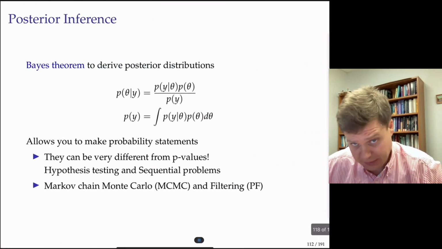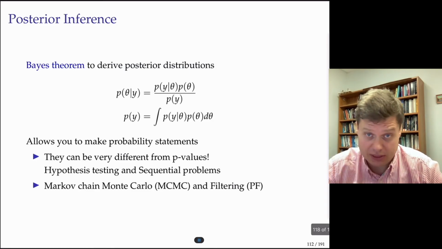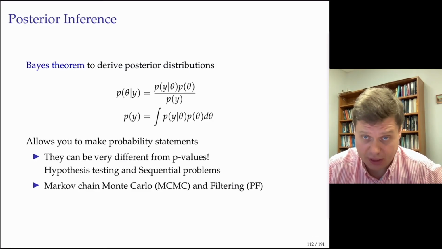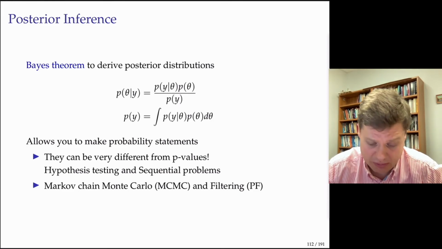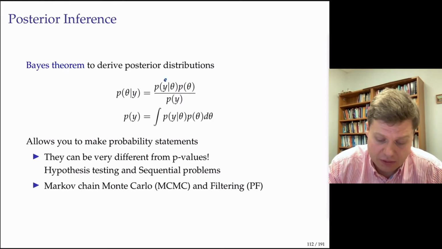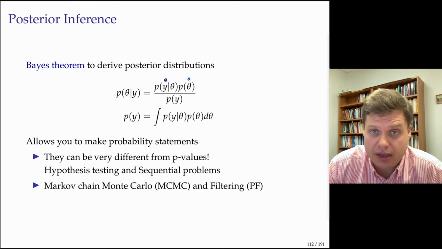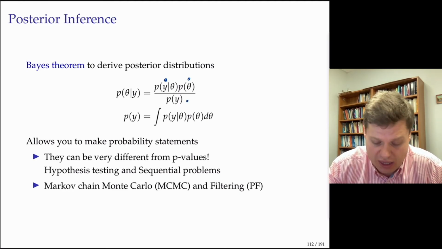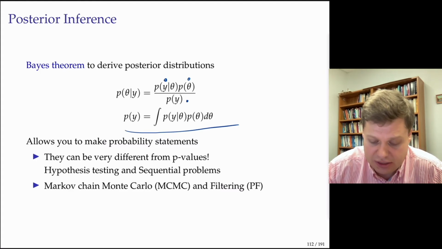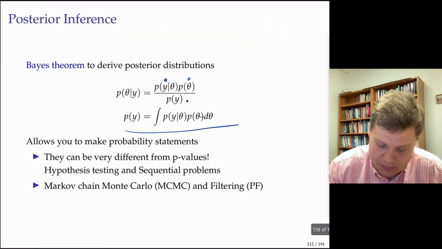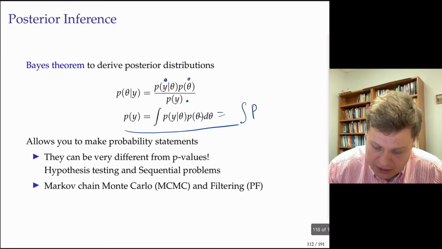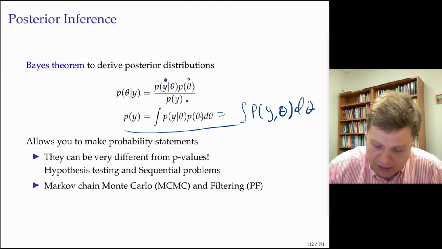All right, and Bayes theorem really allows us to calculate the posterior. We just use the Bayes rule. It's a product of the likelihood and the prior distribution divided by the total probability over the data, called evidence. This evidence is the same as the probability over data and theta jointly, and you basically have to integrate over theta.